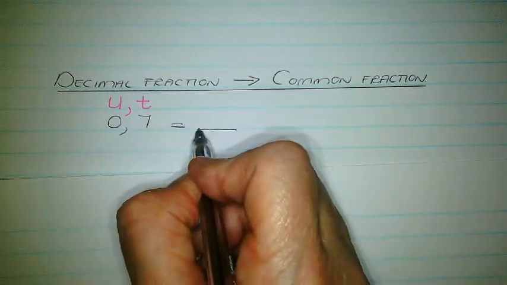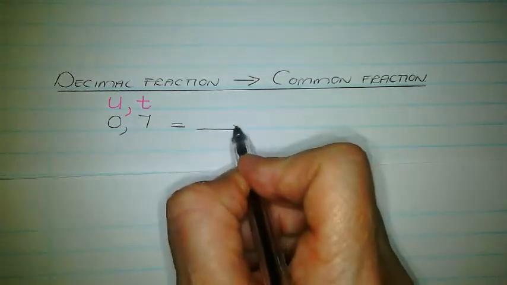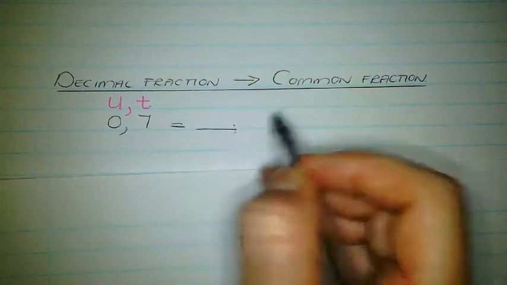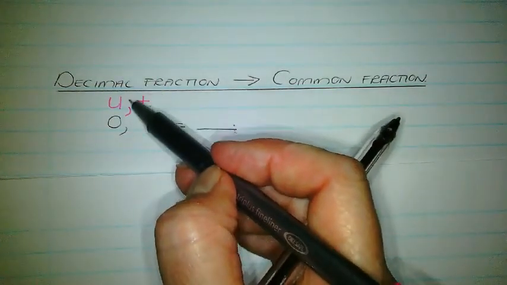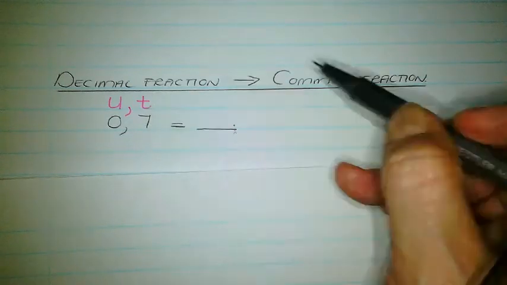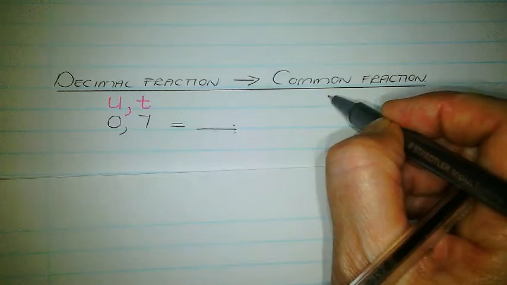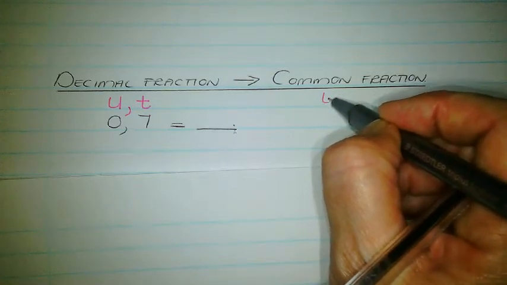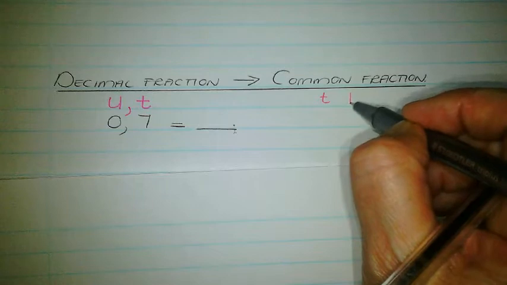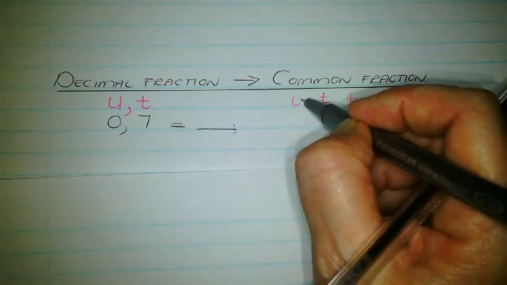First of all, remember a common fraction has a line to show that it's a division, or that you have to do with a fraction. Now to go back and look at your place value, that is going to be a tenth. Now if you think back to grade 6, hopefully you will remember that your place values are going to be a tenth, hundredth, or thousandth, with the units.